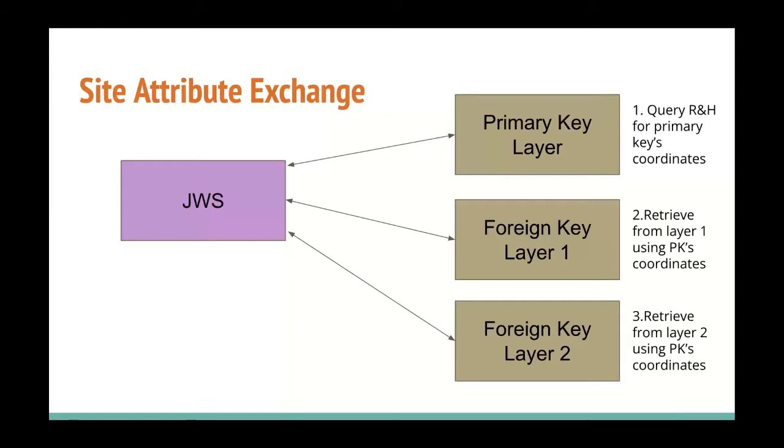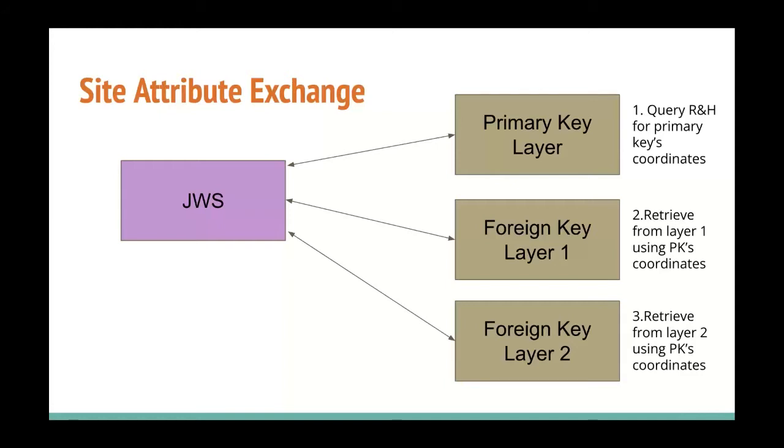And with regards to getting information from layers, it has to happen a lot like, if you're used to database lingo, it kind of has to happen from a primary key, foreign key exchange, where we first look up a site and get its coordinates, and then using those coordinates, we can query any number of other layers and get the useful information.